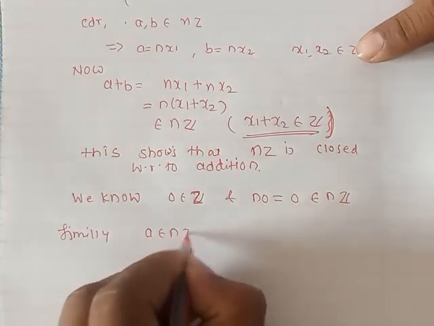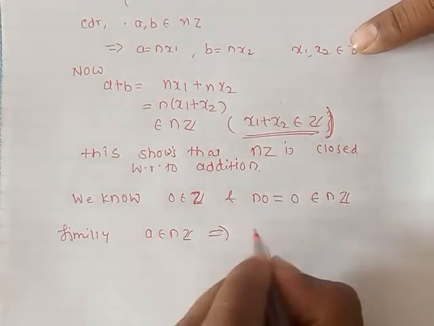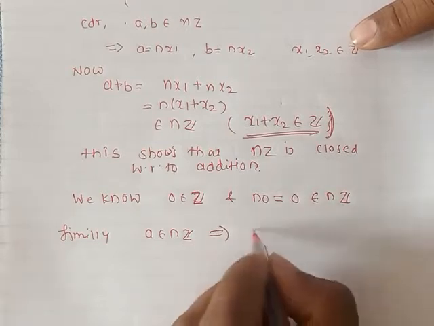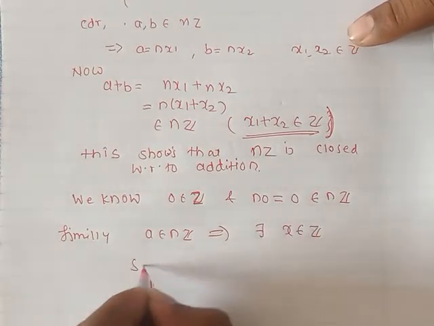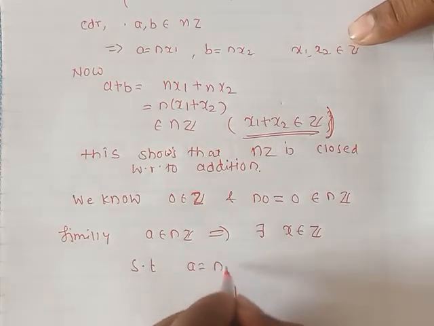Similarly, a belongs to nZ. This implies that there exists x belongs to Z such that a is equal to n x.